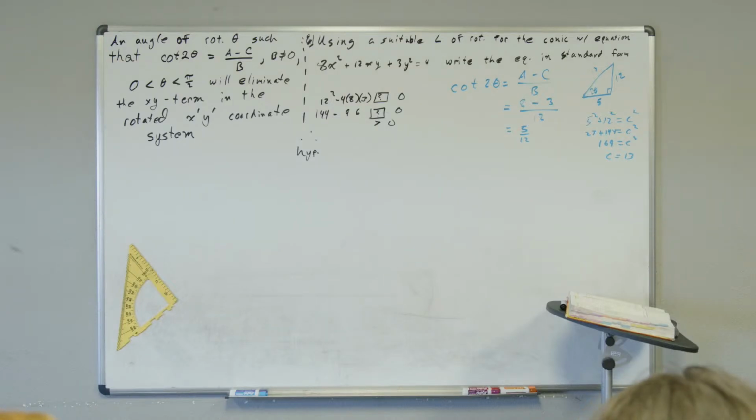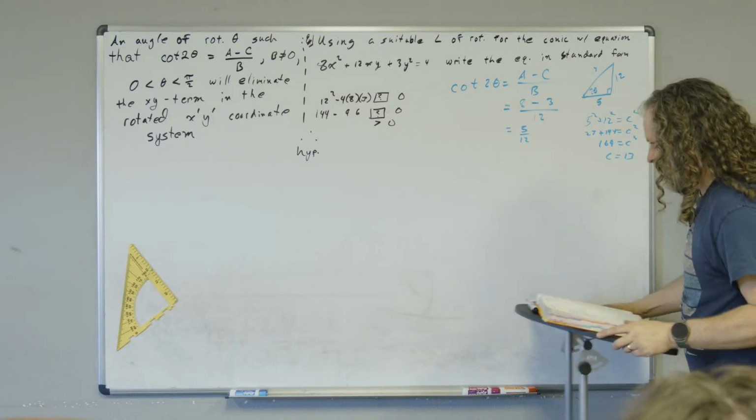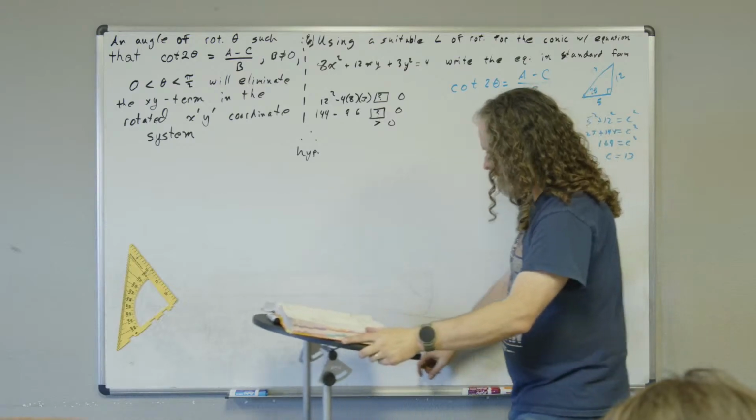I found the half angle identities, but which ones do we use? Well, we kind of want them both, sine and cosine.